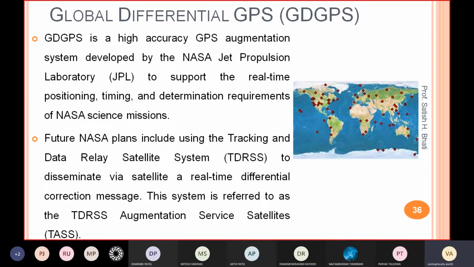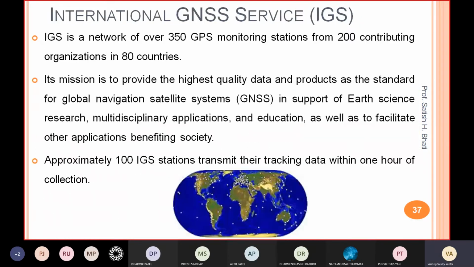In that they will use the Global Differential GPS and the International GNSS Service, which is known as IGS. It's a kind of international network, in which some 80 countries, and from those 80 countries, 200 organizations, and from those 2000.